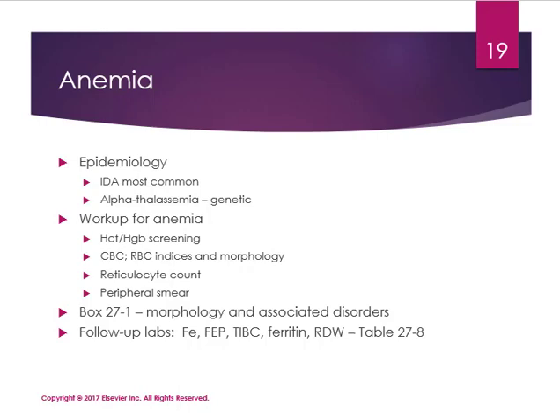It's important also to get a reticulocyte count, as it is an indicator of how well the bone marrow is producing, and then also a peripheral smear will give the pathologist in your lab an opportunity to look at the cells under the microscope. Follow-up labs would include a CBC, an iron, a TIBC, and a ferritin.